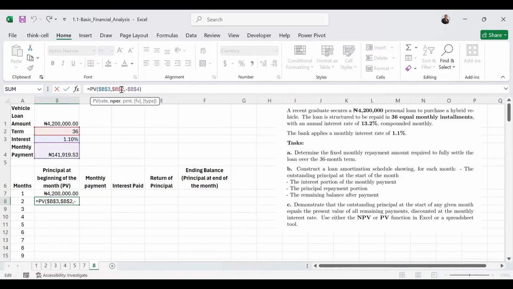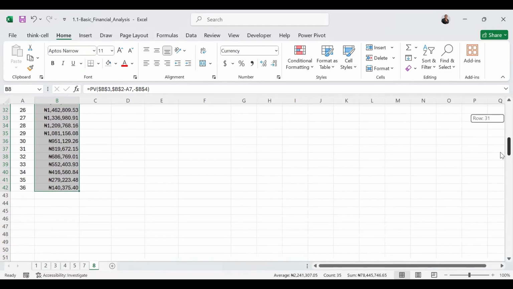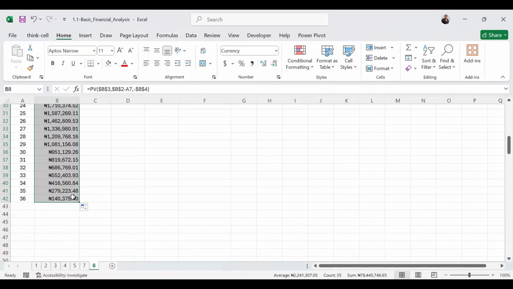Here we have my B2. I'm going to subtract 1, which is this A7, so that as I copy down, it will copy down minus 2, minus 3, and so on. So once I enter, you see what I now have here, and I can just copy down, and it copies down to 36, which shows us here that for B42, we are subtracting A41, which is this 35.